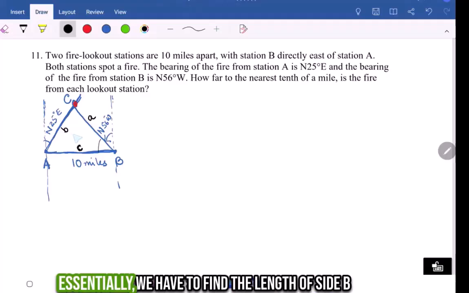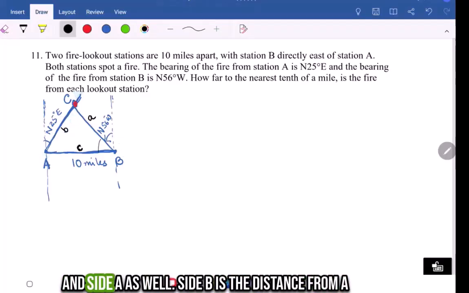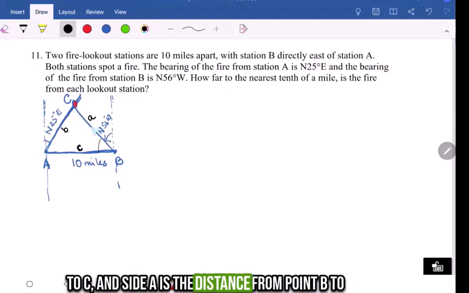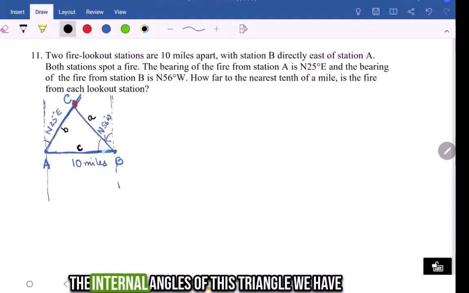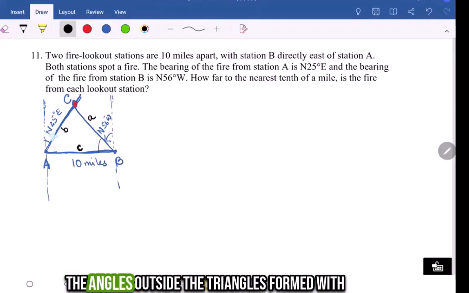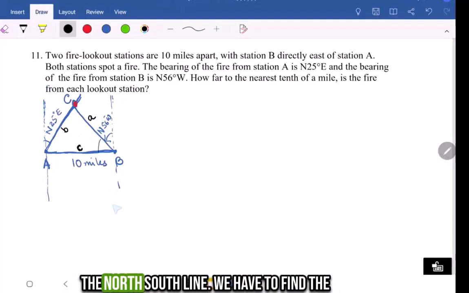All right. So essentially we have to find the length of side B and side A as well. Side B is the distance from A to C, and side A is the distance from point B to point C. Now, in order to do that, we need to find the internal angles of this triangle. We have the angles outside the triangles formed with the north-south line.